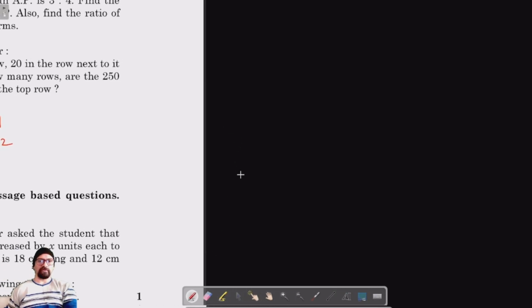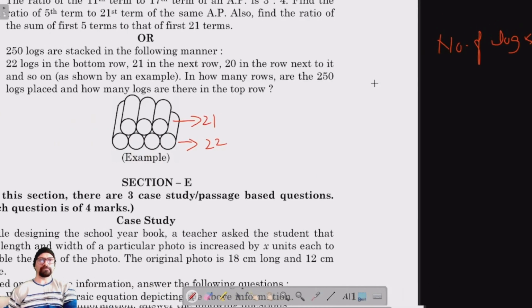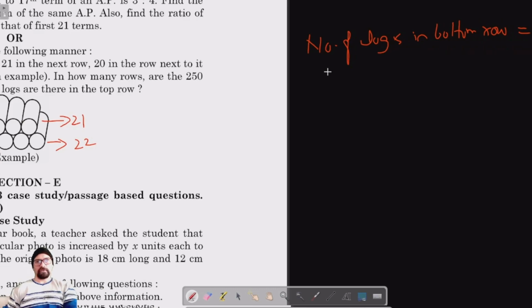So it's given that the number of logs in the bottom row is equal to 22.